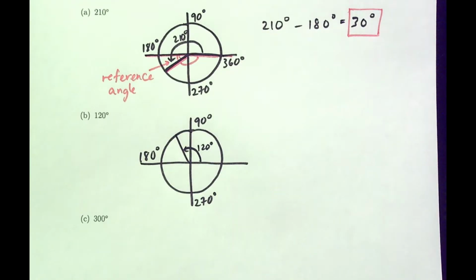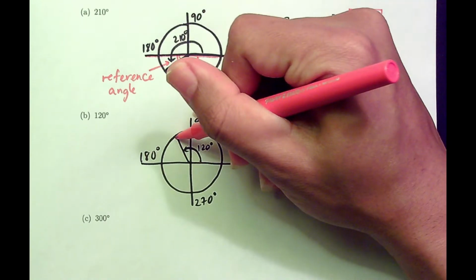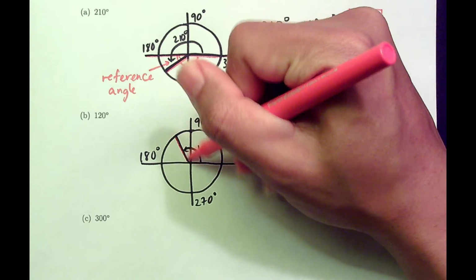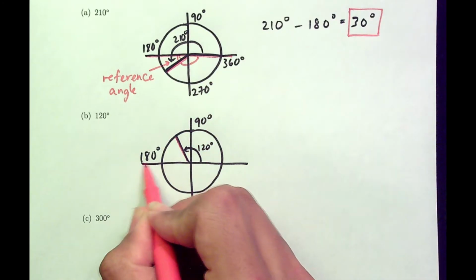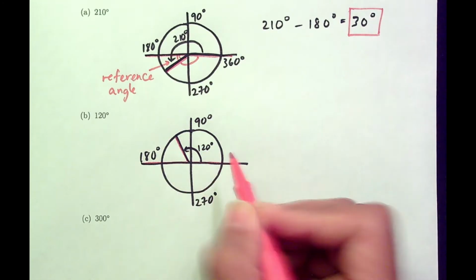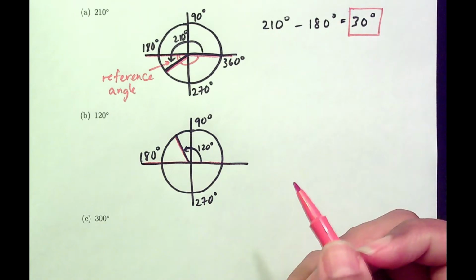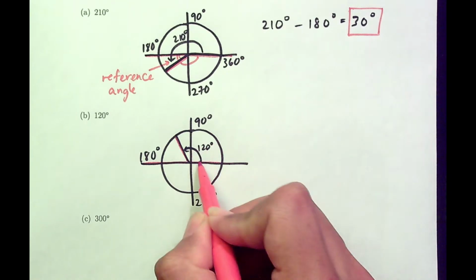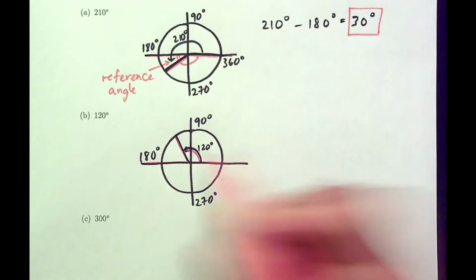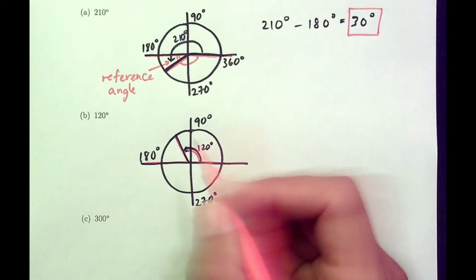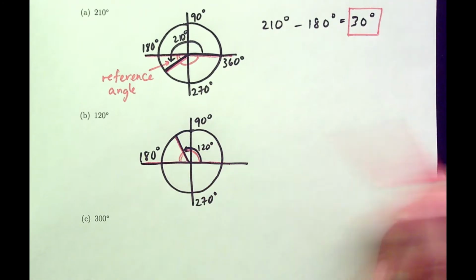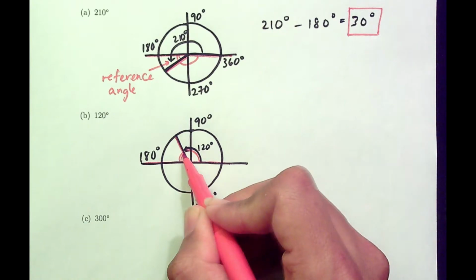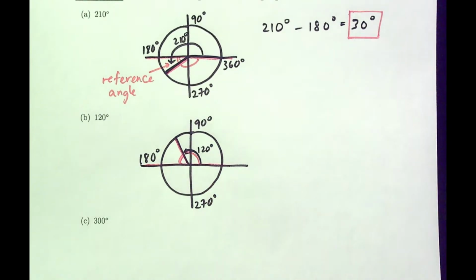Now we look at the terminal side of this angle and the x-axis, and look at the two angles formed and see which one is the smallest one. So the two angles formed are this one, which happens to be the original one, and then the small one, this one right here. Which one of the two is the smallest one?